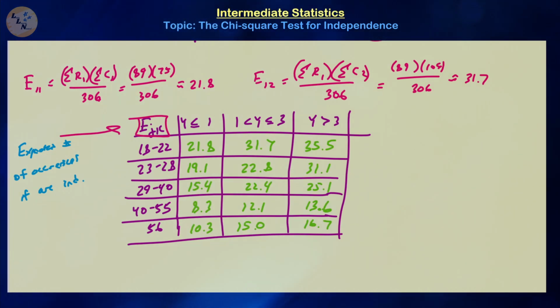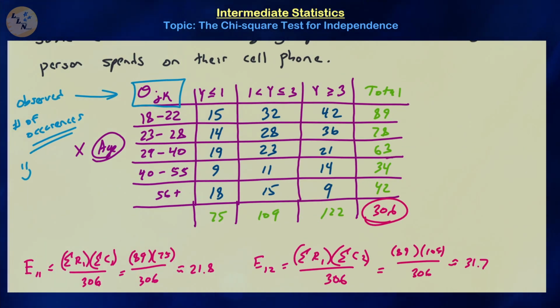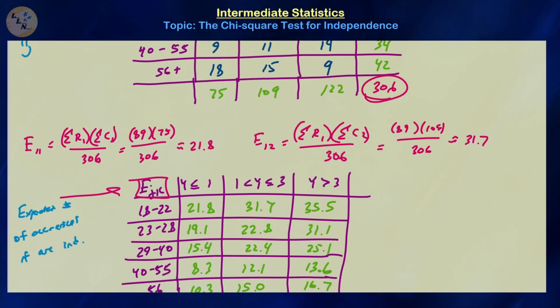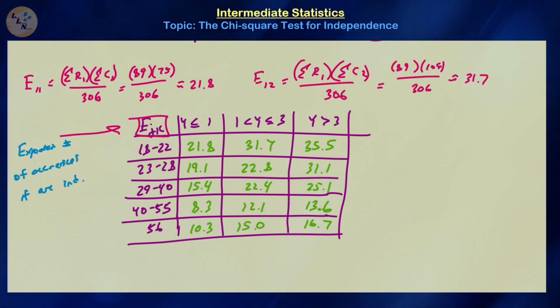Now that we have our expected table for the number of occurrences for each of these variables, assuming that these variables are independent, and we also have the table of observed occurrences that we obtained from our sample, now we need to answer the question, are these numbers cell by cell significantly different from each other? Right? So now we need to figure out, is there a way that we can answer that question?